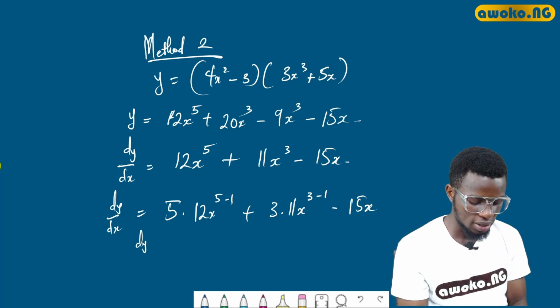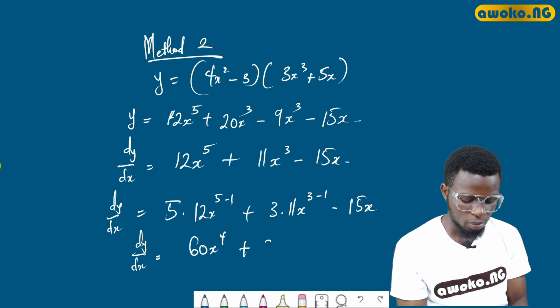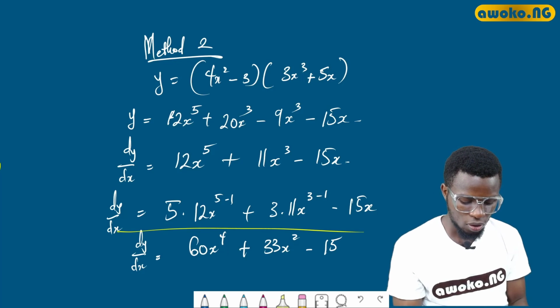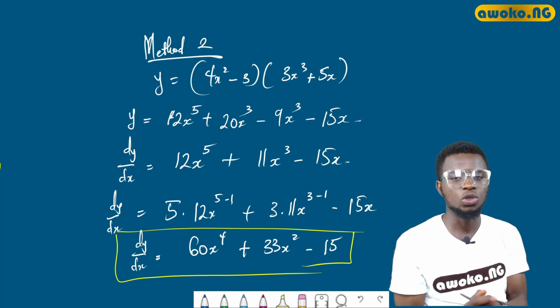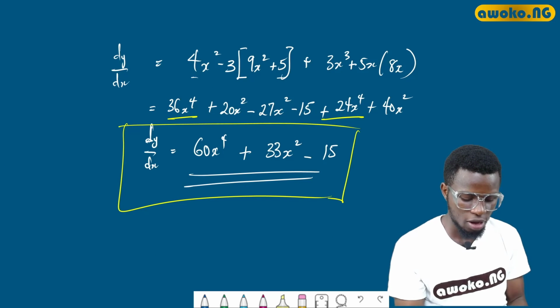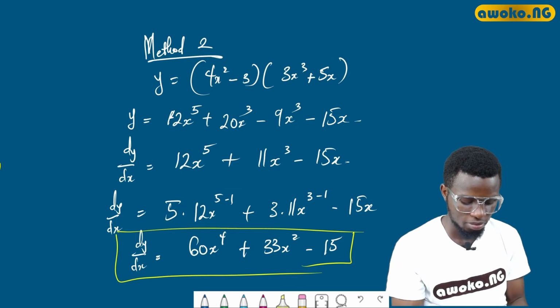This gives us dy/dx equal to 60x^4 plus 33x^2 minus 15. Compare this answer to what we have previously using the other method. We have the same answer.